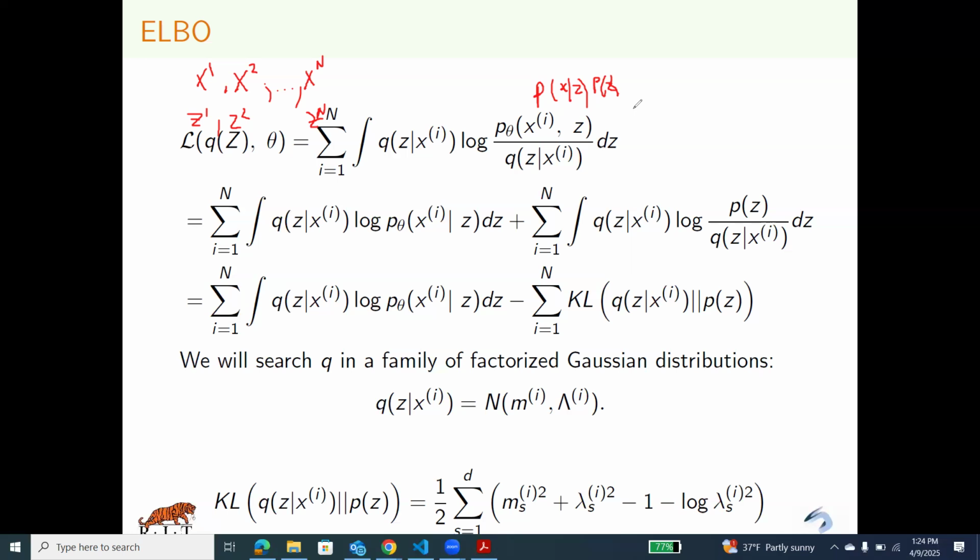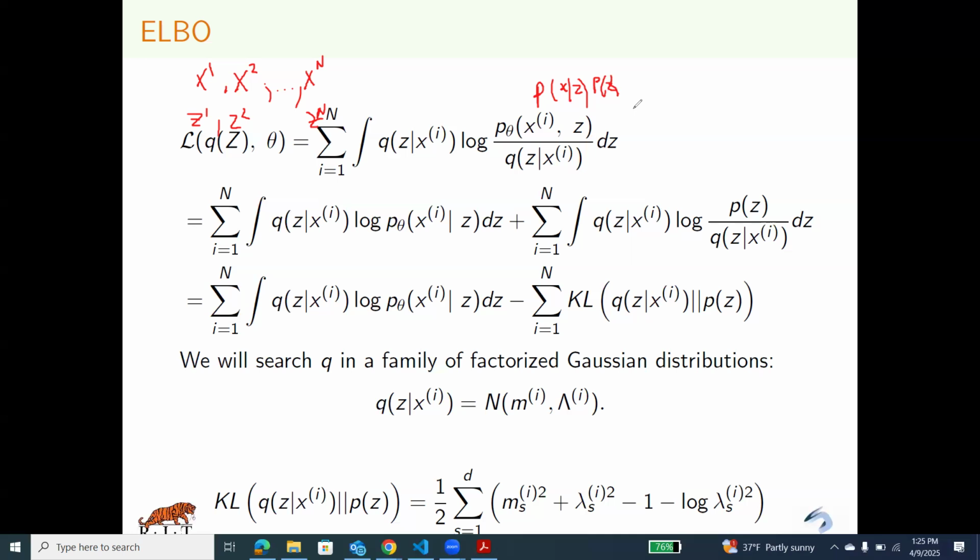The first term has its own name. The first term is called the reconstruction error, because we have X here conditioned on the latent variable Z. So we kind of have the neural network, Z, and in the output we have X, but conditioned on Z. And in the input we have X unconditioned.